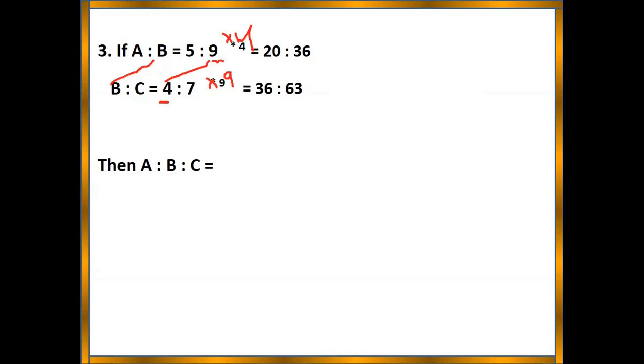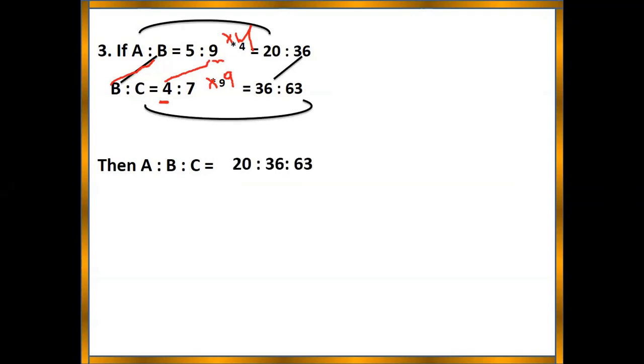Here A value 20, there is no doubt, and B value is 36, in both the statements it's common. C value 63. It means that A is to B is to C is equal to 20, 36, 63. So whenever they give two ratios, it is easy to find A is to B is to C using this method.